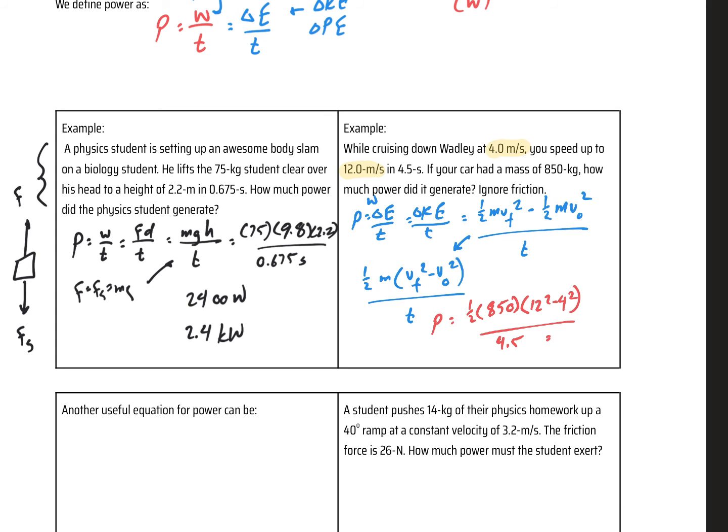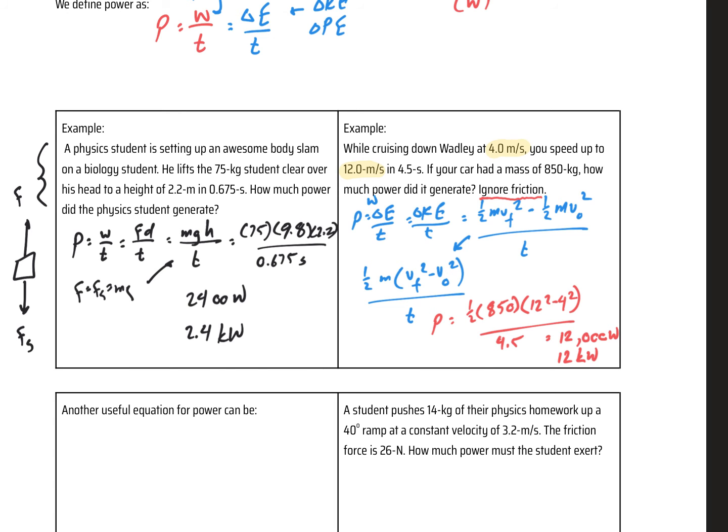And we get about 12,000 watts, or about 12 kilowatts of power the engine produced. And once again, we ignored friction here, so we didn't take into account the energy lost due to friction. So we used a physics land motor there, okay? So those are the two ways we think about power, using work and the change in energy method.